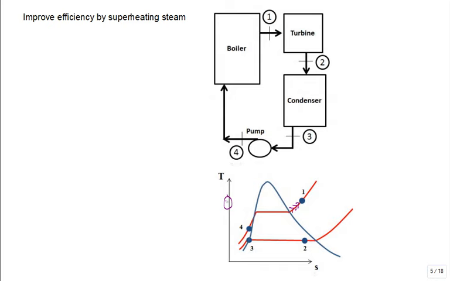The other thing is, it's very practical that when you expand it, you want the last little bit of steam going through the turbine to be high quality steam. You don't want a lot of water droplets in it, because water droplets have much higher density. They're like little marbles or little BBs or little chunks of solid. I know they're liquid, but they may not turn as easily, right?